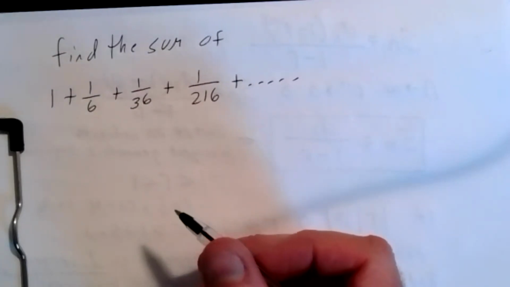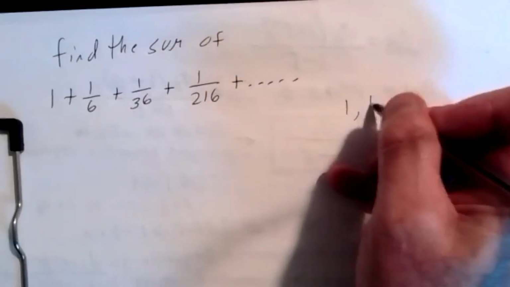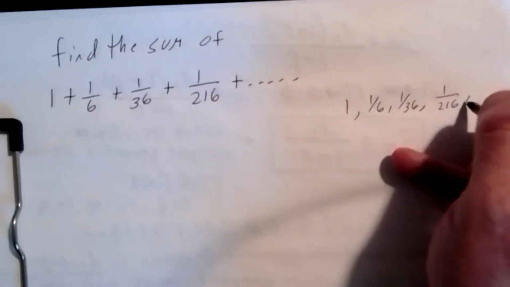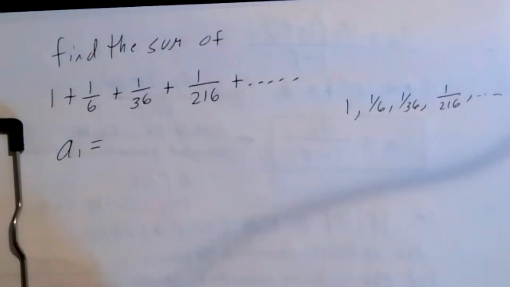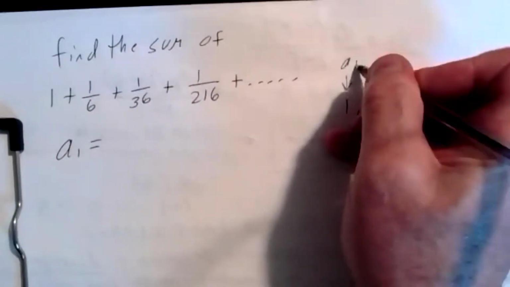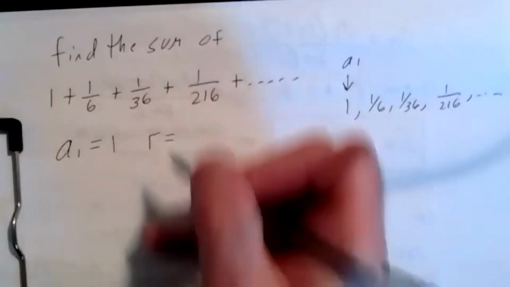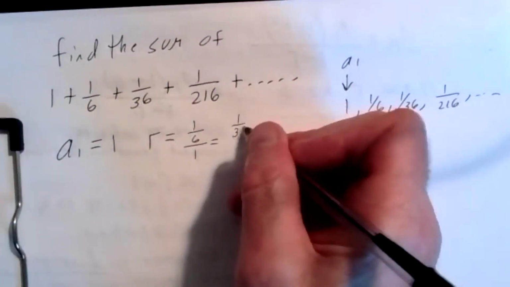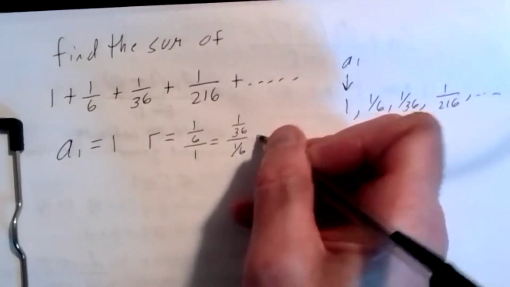I have a question for you, ladies and gentlemen. The associated geometric sequence is 1, 1/6, 1/36, 1/216, ... What would be the first term of the geometric sequence? What's the common ratio? What's 1/6 divided by 1? That should be the same thing as 1/36 divided by 1/6. Well, whatever.